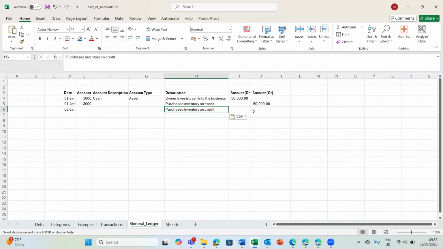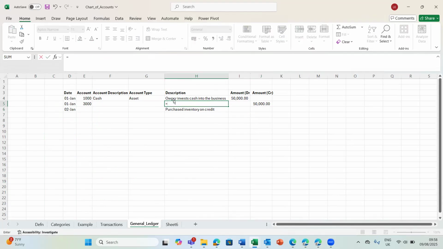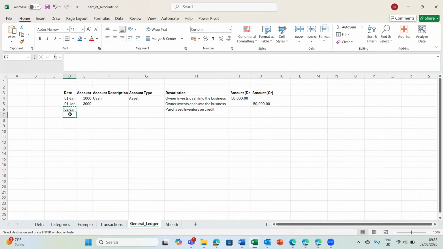So what are we debiting? What are we crediting? If you buy something on credit, what are we creating? We are creating a payable or a liability, right?